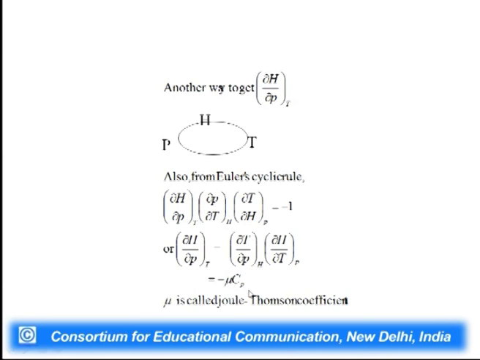This was the equation which we used to derive the first del H by del T at constant P.